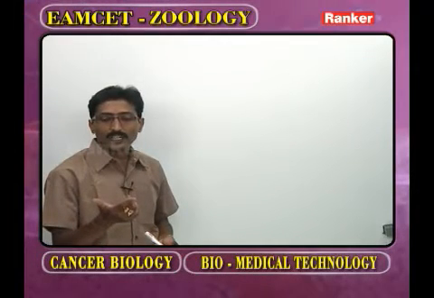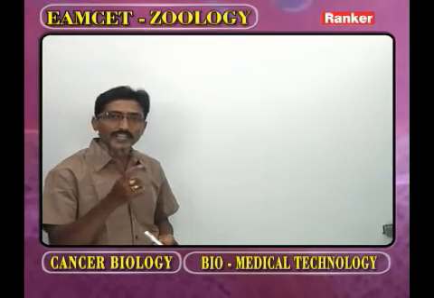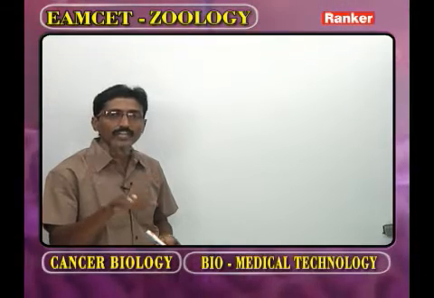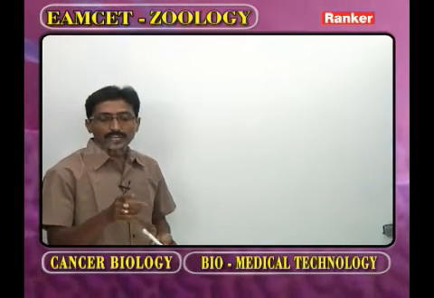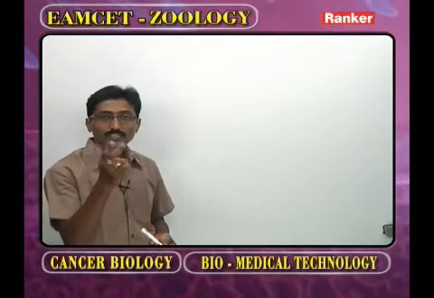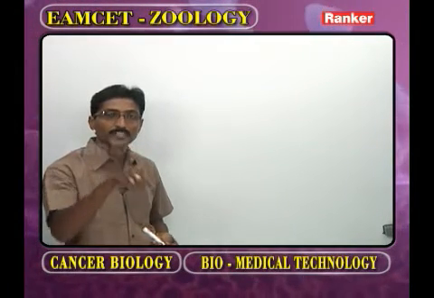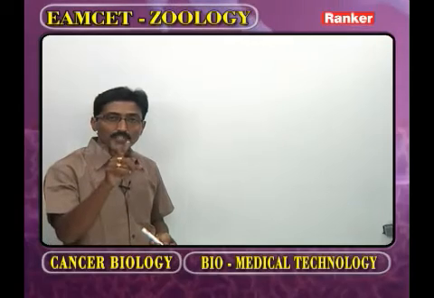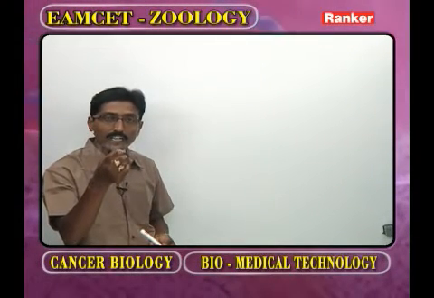And the allograft, transplantation between genetically not identical individuals of the same species. And what about the xenograft? Xenograft means transplantation between two different species. Within one species, genetically not identical, allograft.